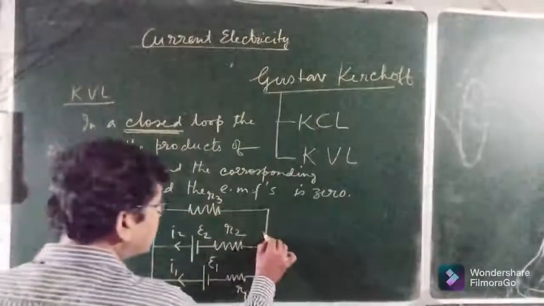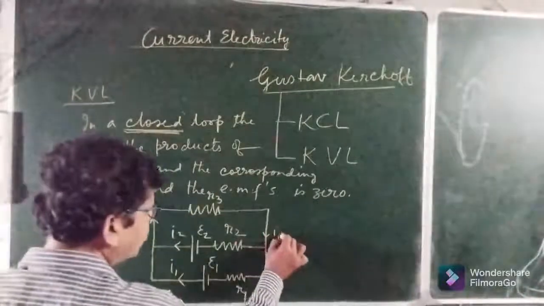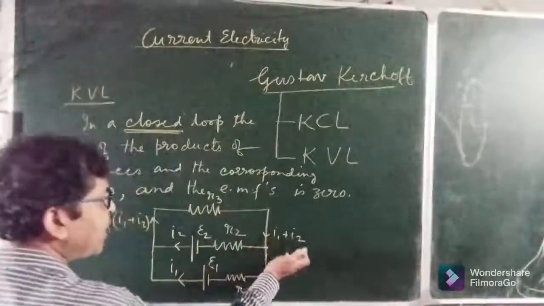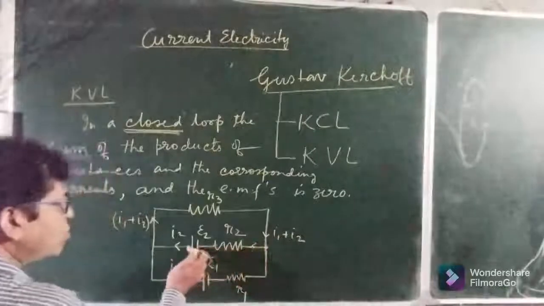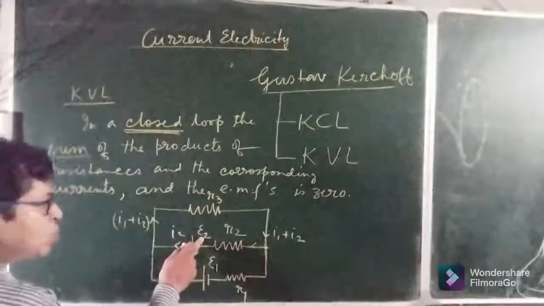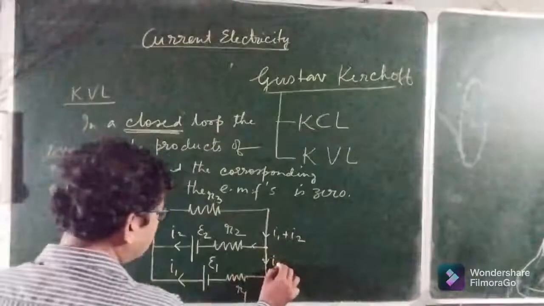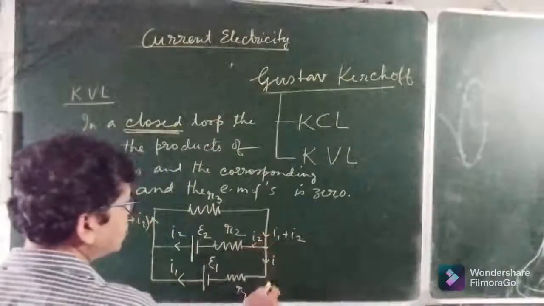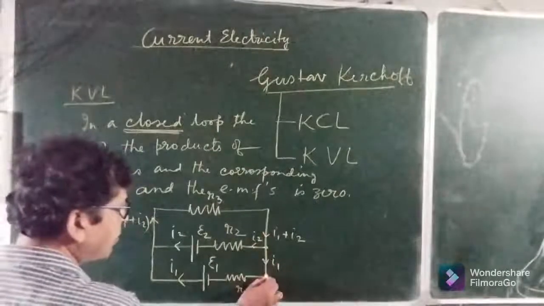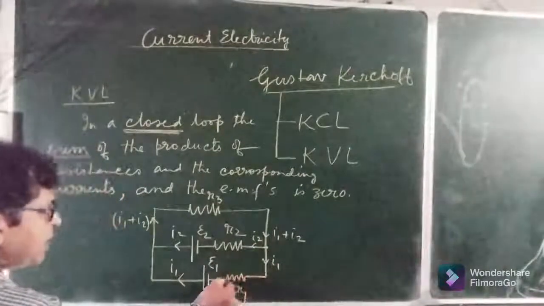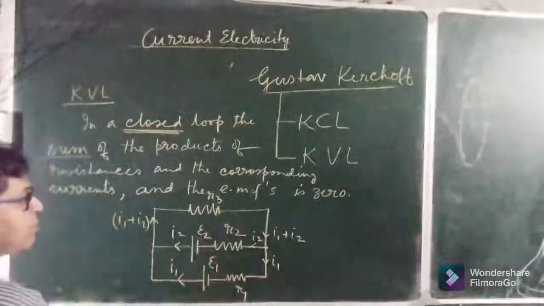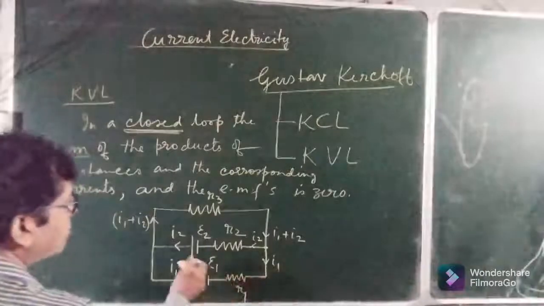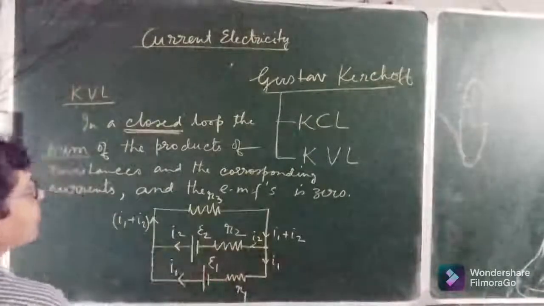So here I1 plus I2, after reaching this junction, I1 gets separated and flows into the source E2, and this is I2. I1 continues flowing, which ultimately ends at E1. So I1 out, I1 in, I2 out, I2 in.